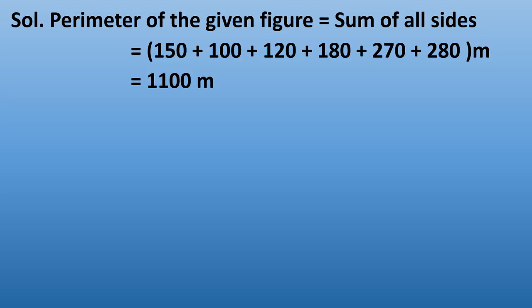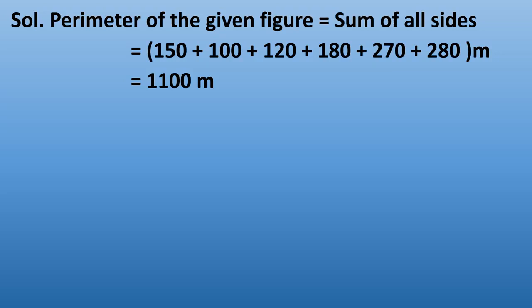So the perimeter of the given figure is 150 plus 100 plus 120 plus 180 plus 270 plus 280, which is equal to 1100 meter. So this is the perimeter of the given figure.